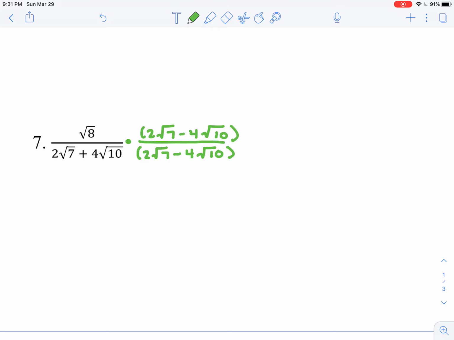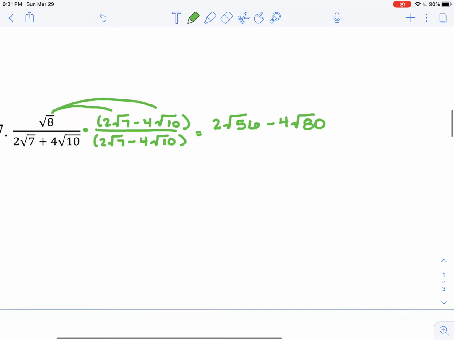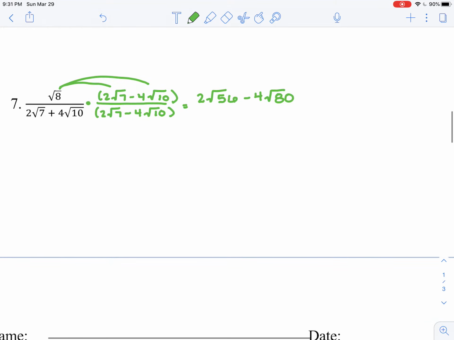Okay, in the numerator, we're going to start by distributing. Square root 8 times 2 root 7 makes 2 root 56. Square root 8 times a minus 4 root 10 is minus 4 root 80. Again, I'm going to stick with the numerator just for a minute until we simplify everything.